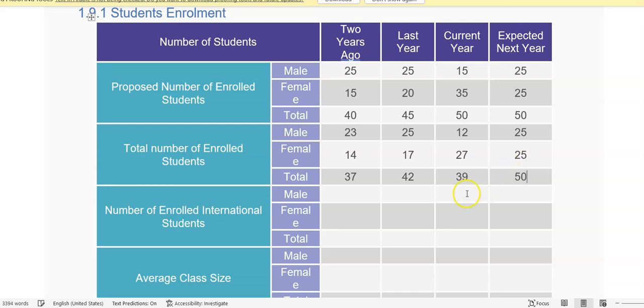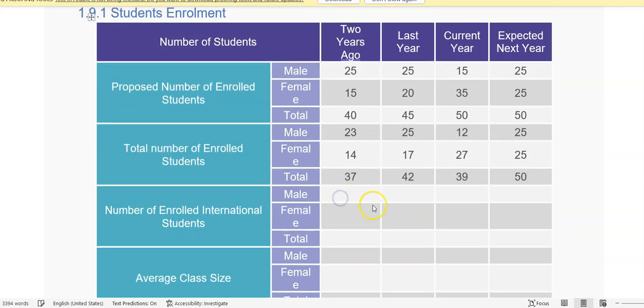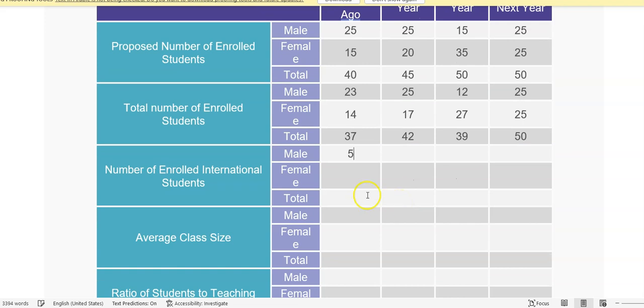Number of enrolled international students, if you have places for international students, as you know, scholarship or something like this. For example, 5, 10, maybe 4, 3, 7.